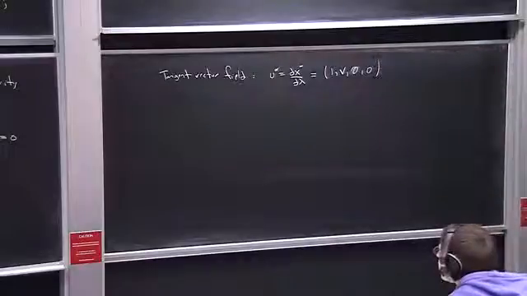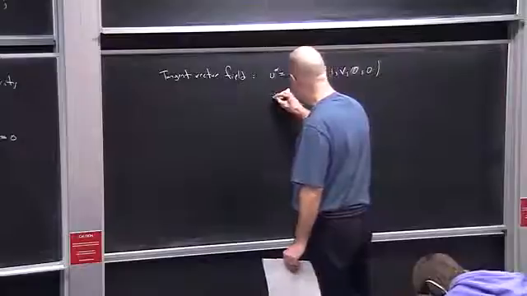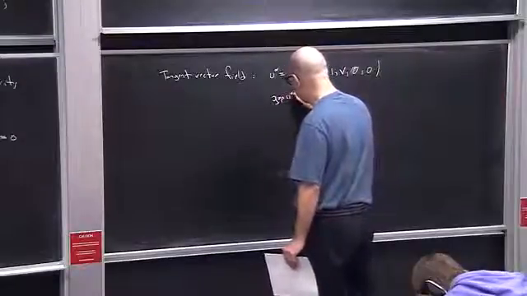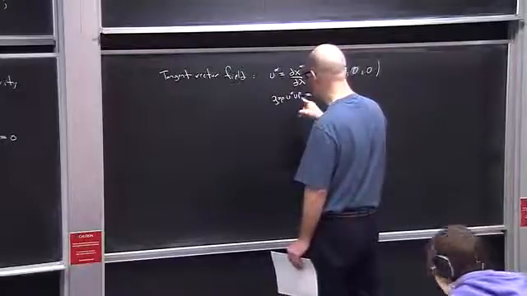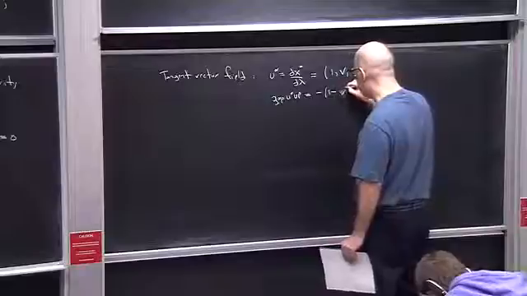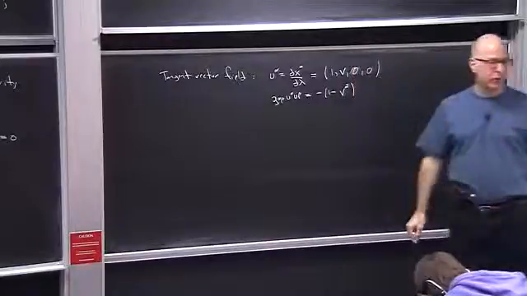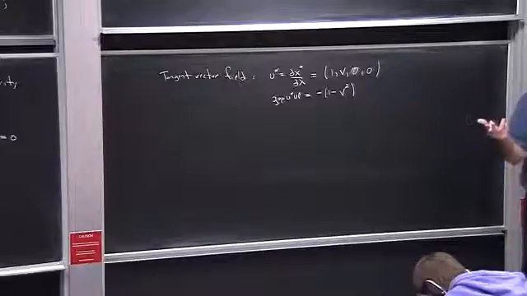So that's a very simple velocity vector, but one thing you'll recognize here is that it's not normalized. So the inner product of u with itself is going to be minus 1 minus v squared. So it's 1 over the usual gamma factor squared. And I could have renormalized everything.